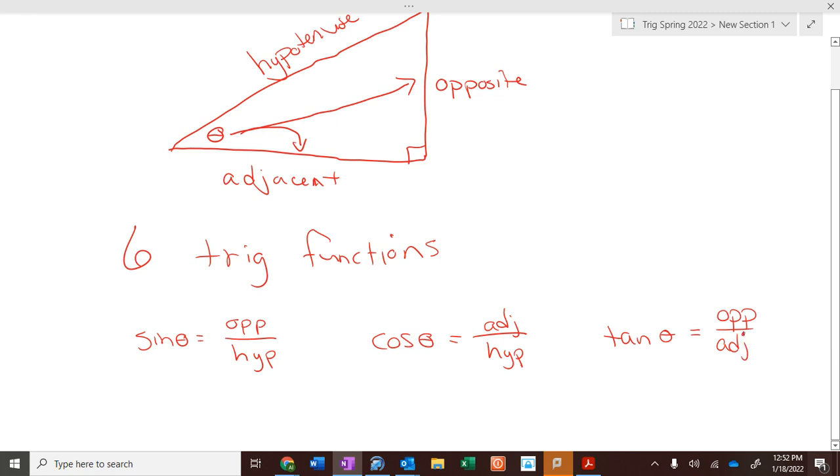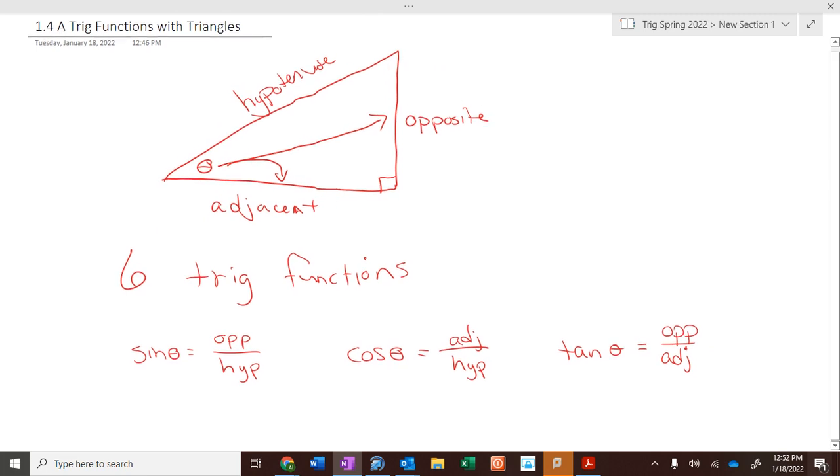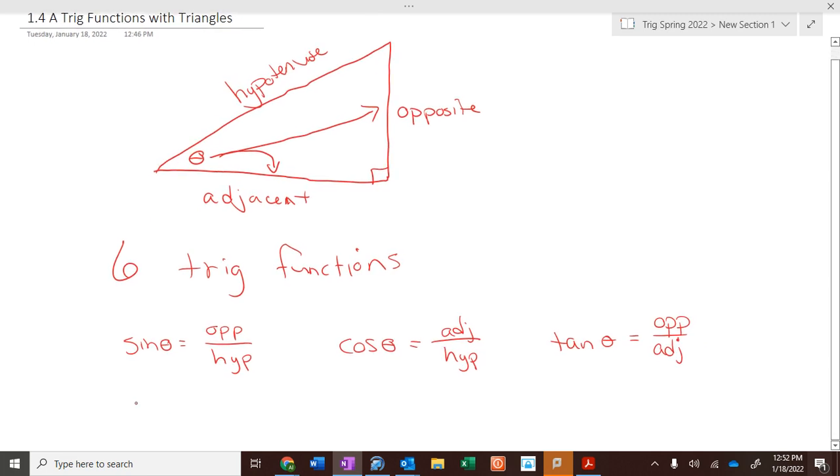And you have their cofunctions. So the cofunction of sine is cosecant. The cosecant of theta is the reciprocal of the sine function, which is the hypotenuse over the opposite.